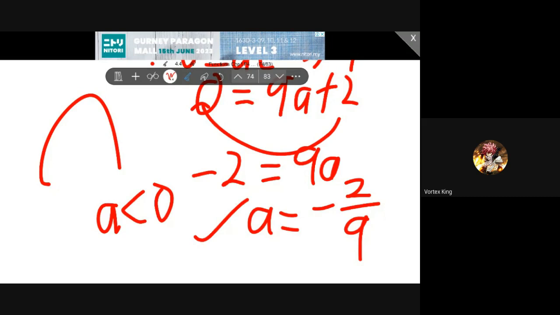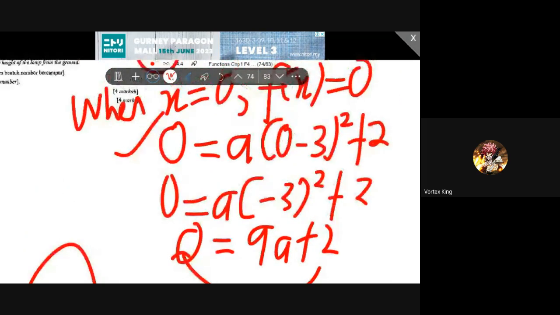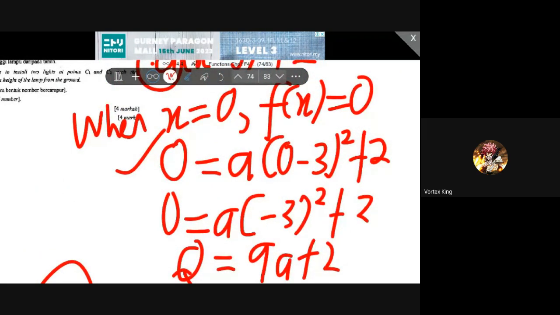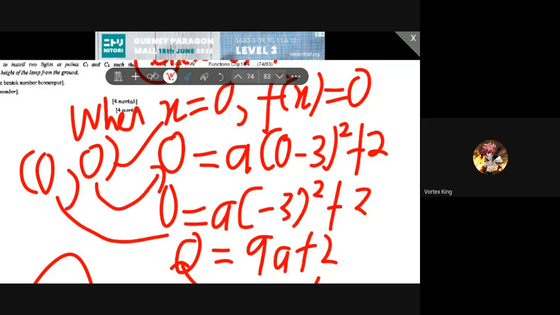Which part, Kenneth? From which line? Is it up there or what? To find the A. Means from here lah. When x is 0, fx is 0. So ini coordinate kamu kat asalan. So kamu boleh gantikan fx sama dengan kosong dan x sama dengan kosong to the equation here.